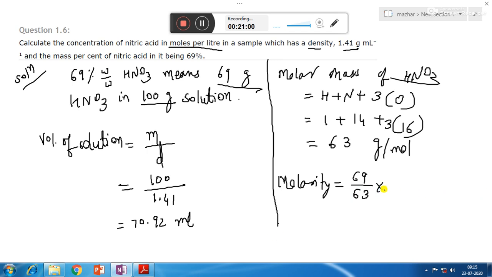So into 1000 upon volume of solution in ml, so that is 70.92. So on solving this, our final answer is 15.44 molar.